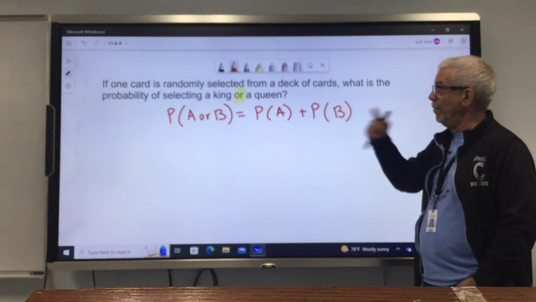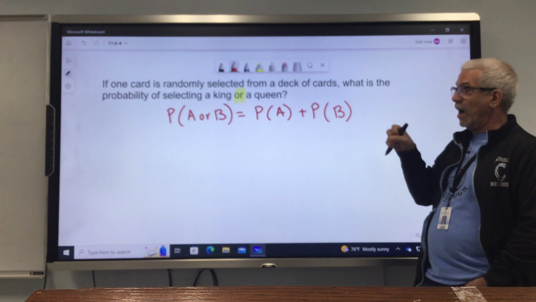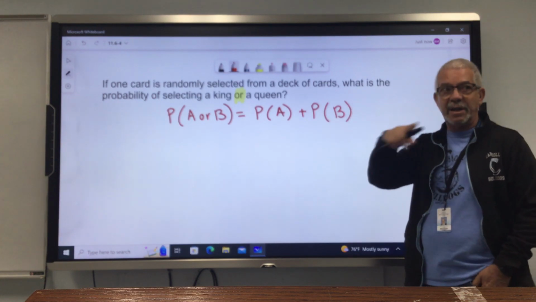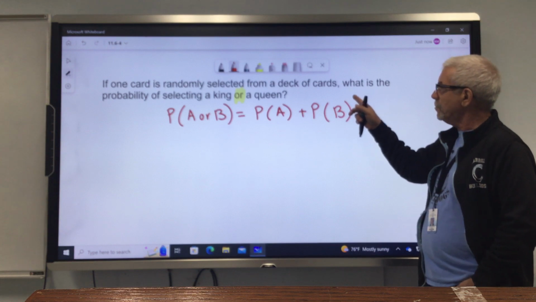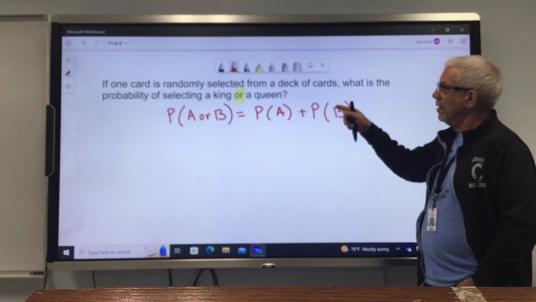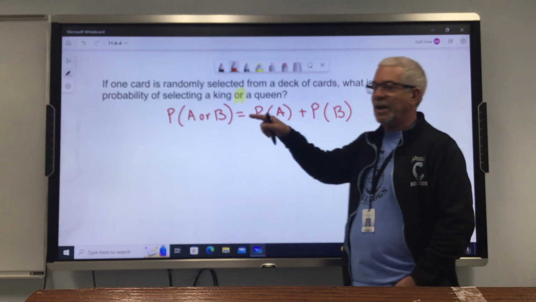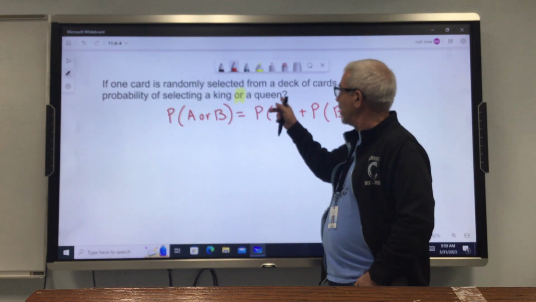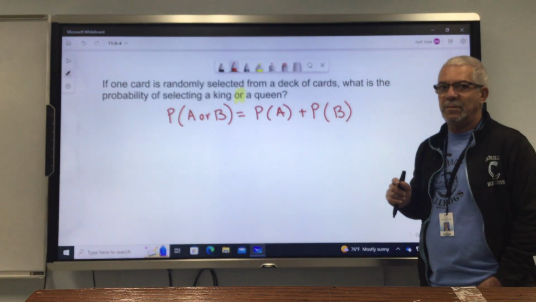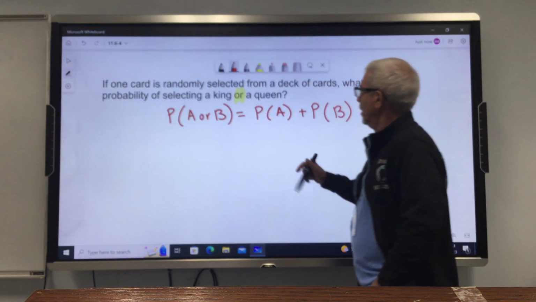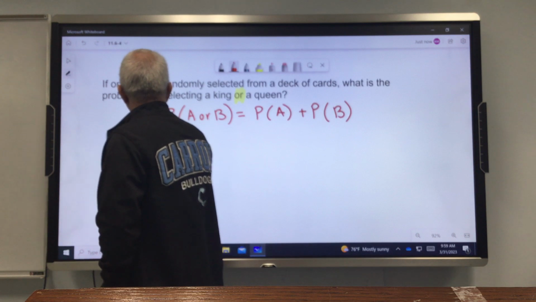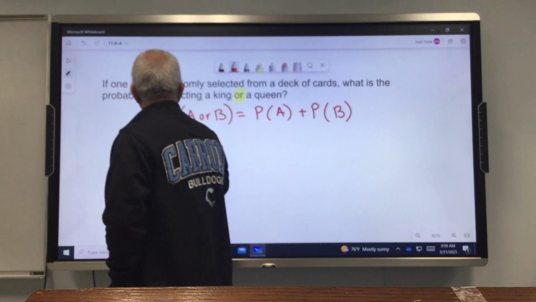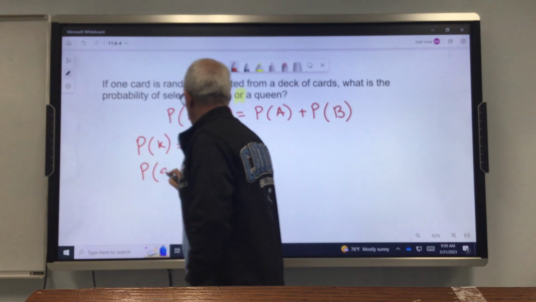In this example, we are going to select a card, and what is the probability to select a king or a queen? All right? Then, in that case, we are going to find P(K) or P(Q).